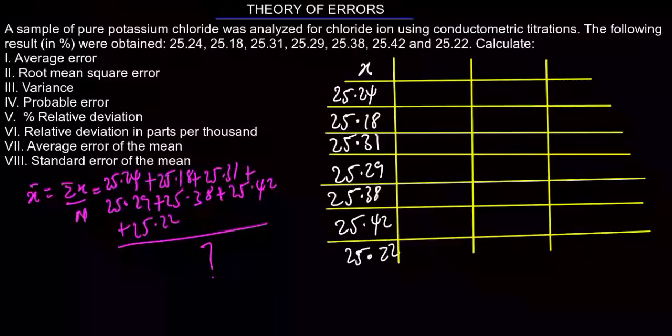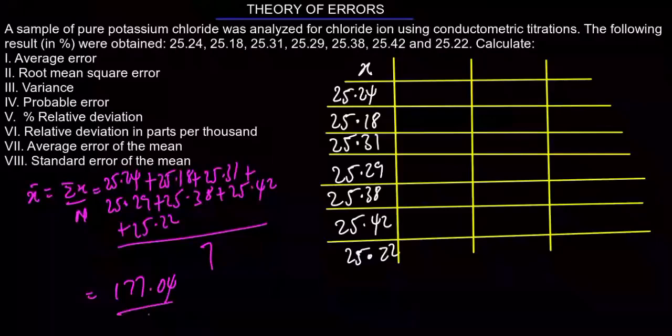So 25.24 plus 25.18 plus 25.31 plus 25.29 plus 25.38 plus 25.42 plus 25.22 gives me 177.04, divided by 7.